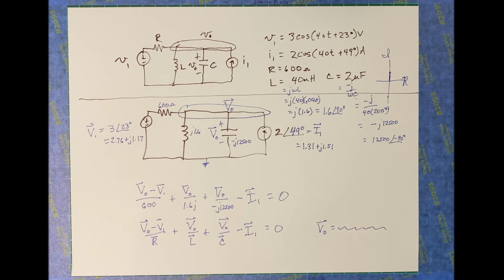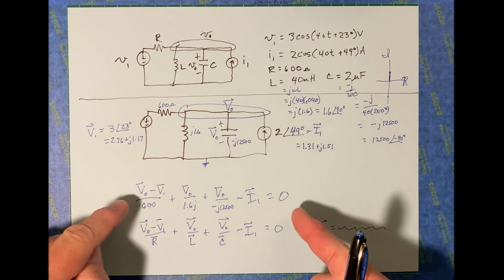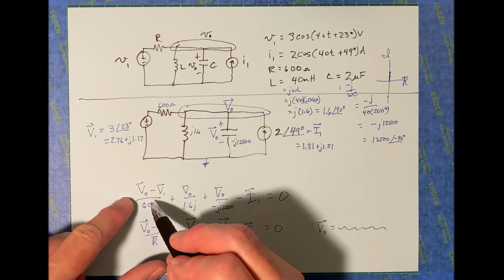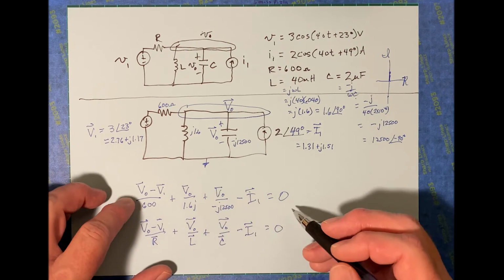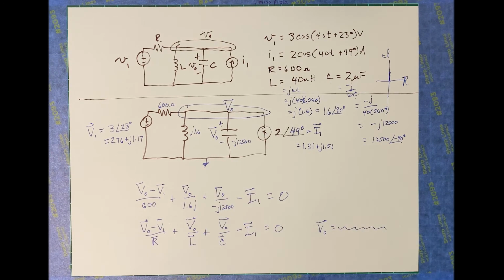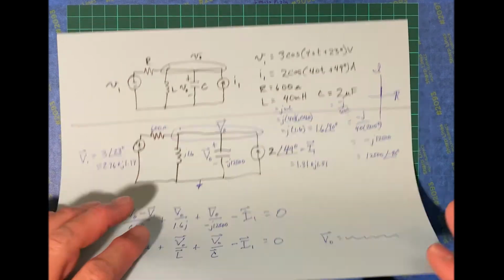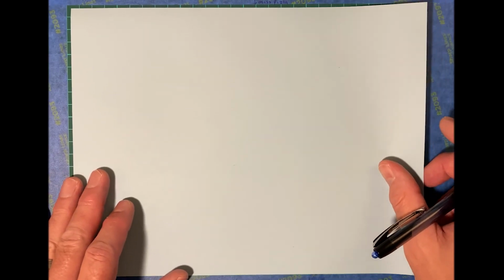Let me say something else. If you have a calculator that can do the complex algebra, you may be able to plug in this, keeping V naught as your variable, and then solving that. Now, I will show you how to do this, but it's going to take quite a few steps here. So let's get started with this.